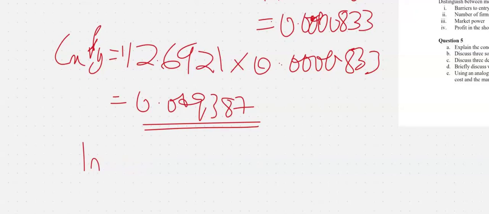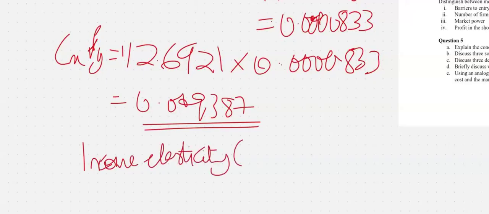Income elasticity. Let me use the acronym IE. So the formula will be, since it is an income elasticity, don't forget, this is the queen, who is the boss.